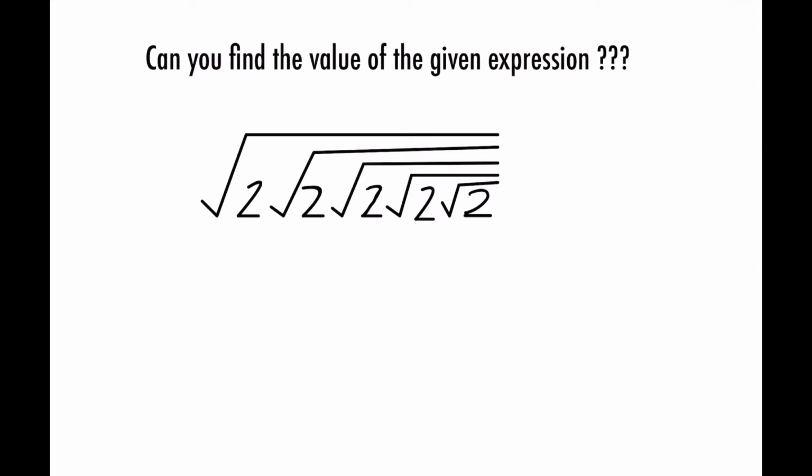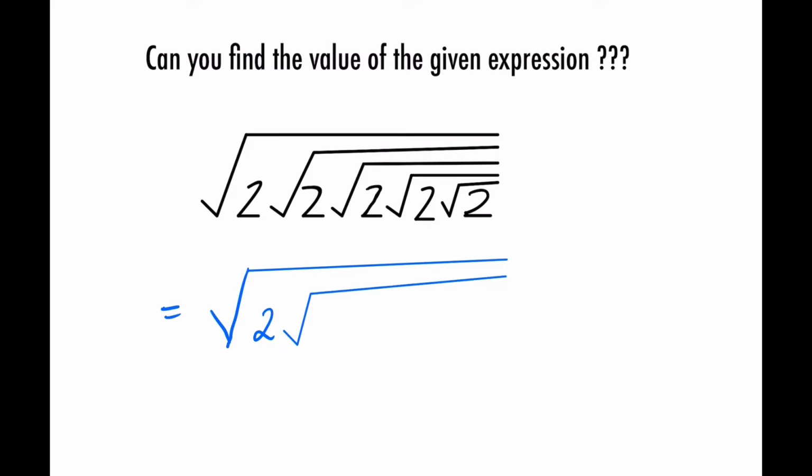Can you find the value of the given expression? So this expression is given. We can write this as square root of 2 into square root of 2 into square root of 2, square root of 2 and into square root of 2 and last 2.